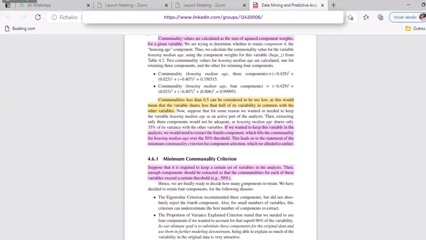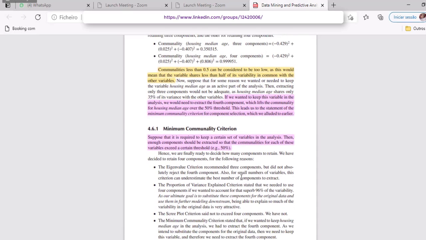This is more or less the same, but with a different formula, called the communality. And the minimum communality criterion is just saying that if you want to keep a certain set of variables in the analysis, then you need enough components so that you have communalities for each of these variables that are more than 50%.